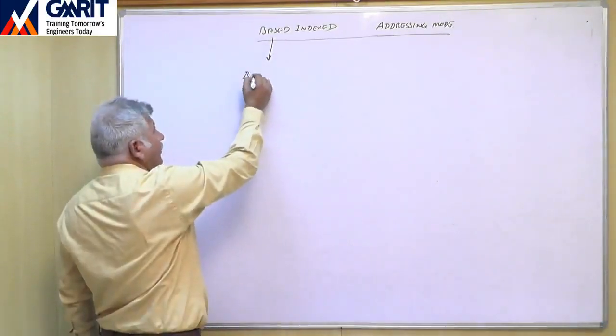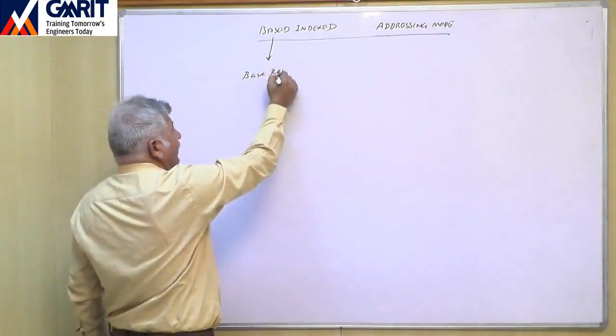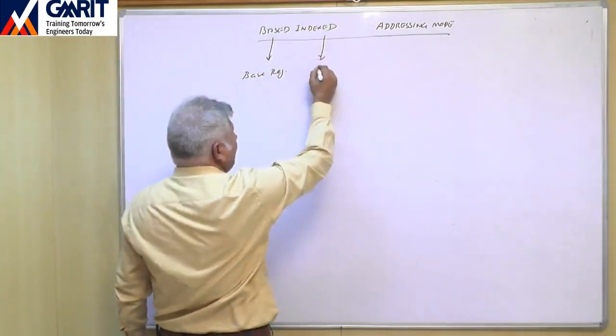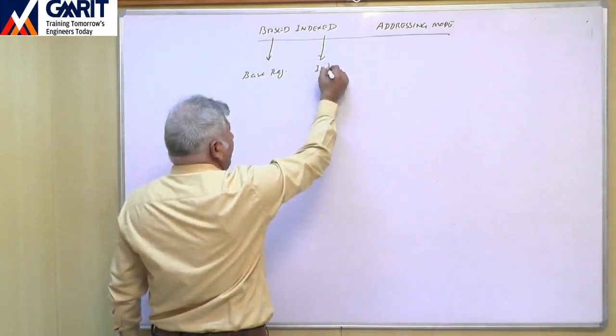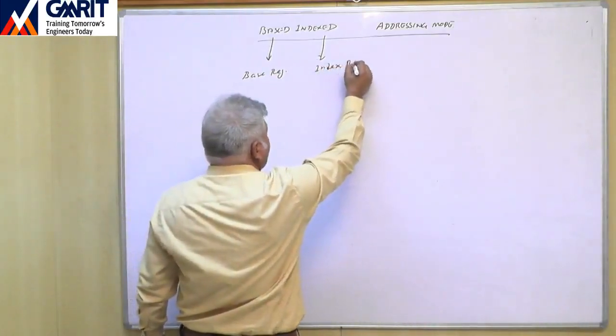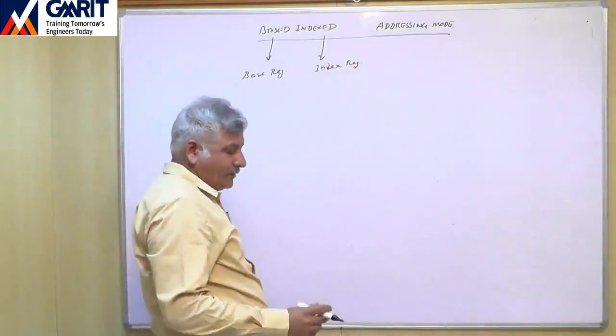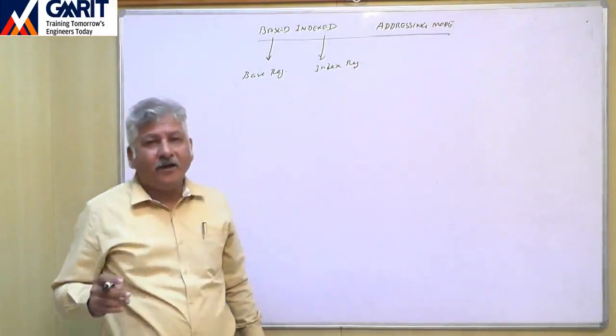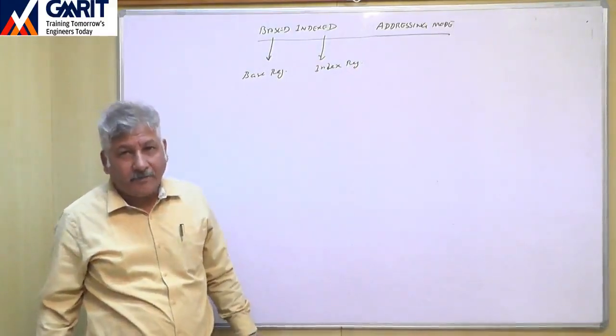One is a base register and the other is an index register. We have to use 2 registers to calculate the offset address of any data.